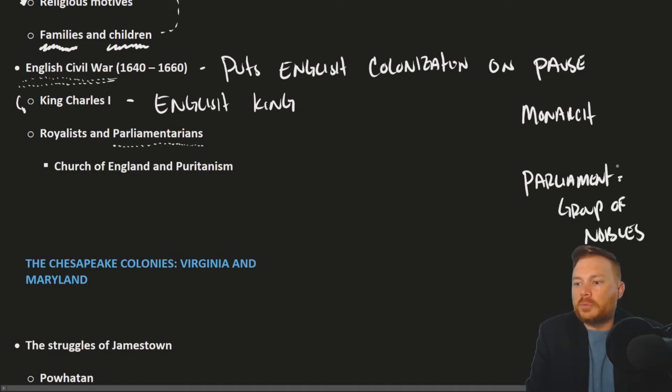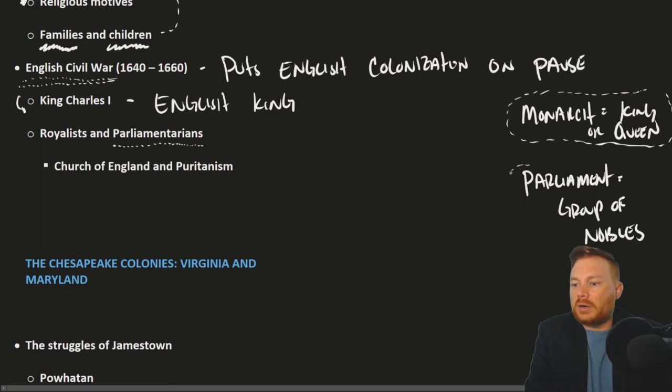Pretty much all you need to know is that these are two sources of authority. The king has power, the queen has power, but Parliament also has power. A lot of English history is the conflict between these two groups. Who really holds the true authority?